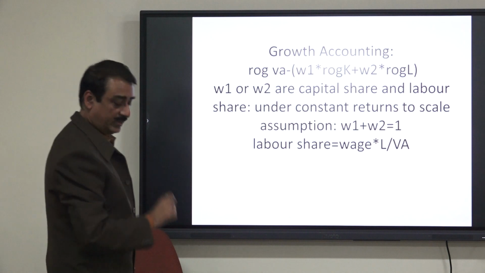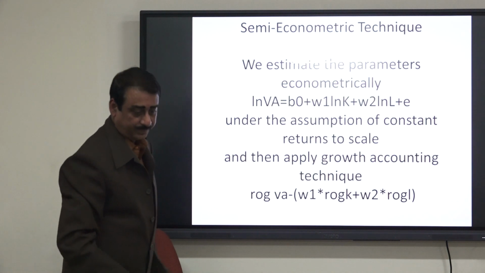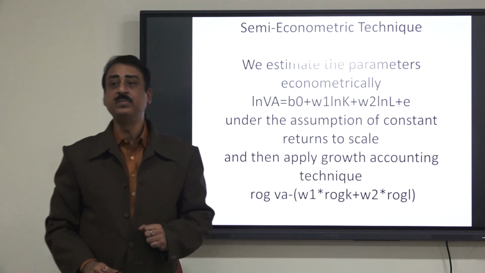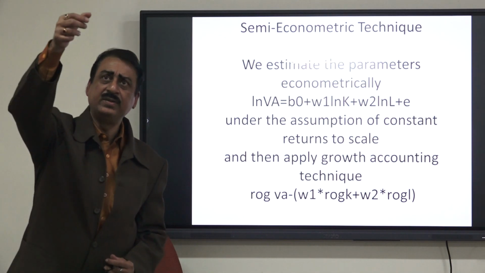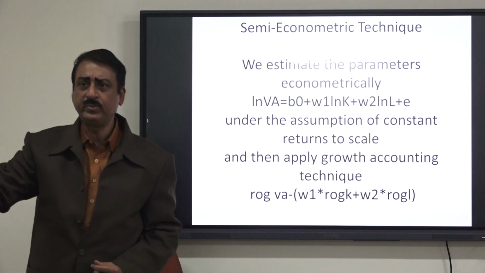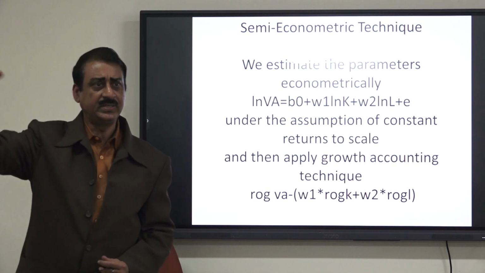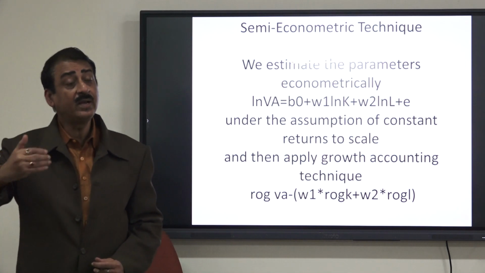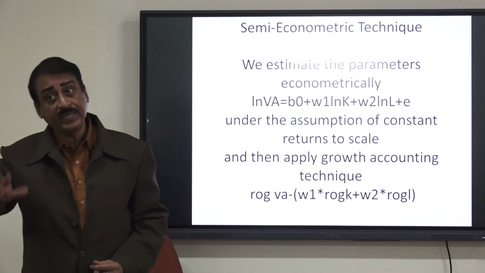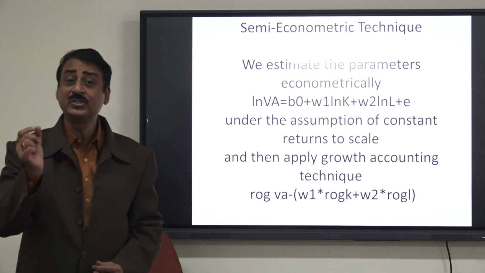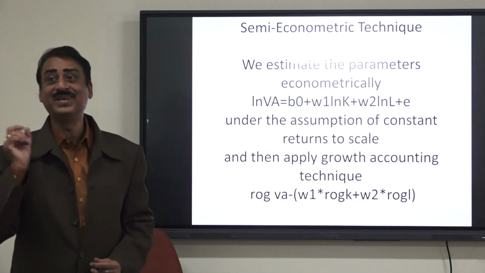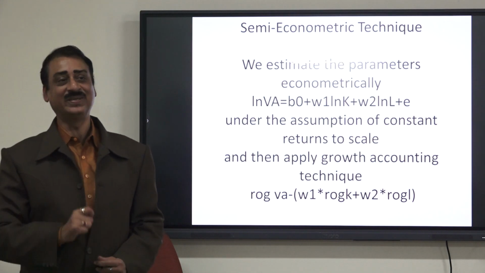So you do that. But here there is one problem. You have a series, let us say starting from 1980 to 2024, of value added, capital and labor. The share of labor and share of capital is changing over time. It is not fixed. So how much labor share for which year should be taken is a key question.